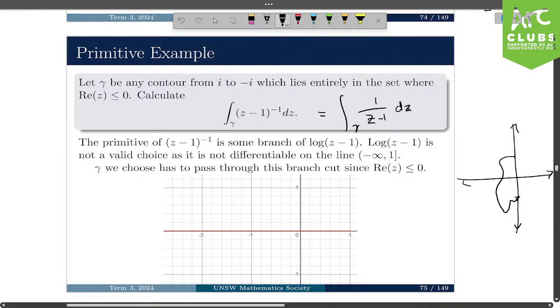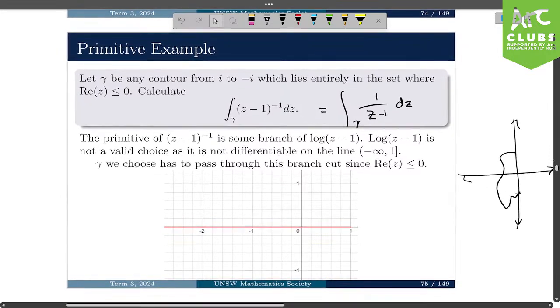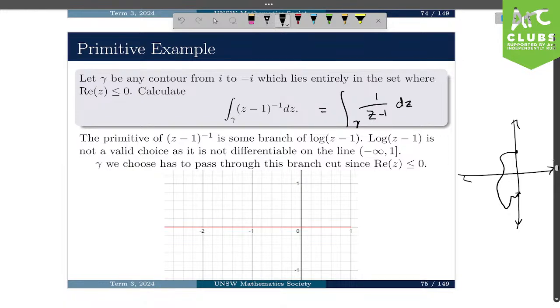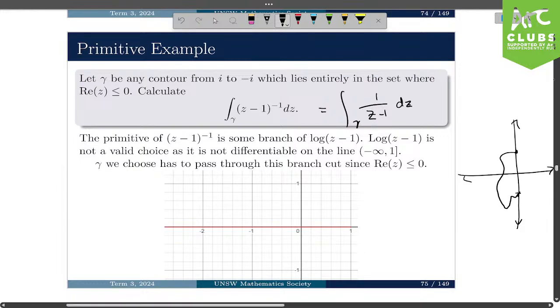So here is a problem that we have. In this case, we cannot actually apply Cauchy-Goursat as easily as before, because our function z minus 1 to the power of minus 1 isn't actually holomorphic everywhere.